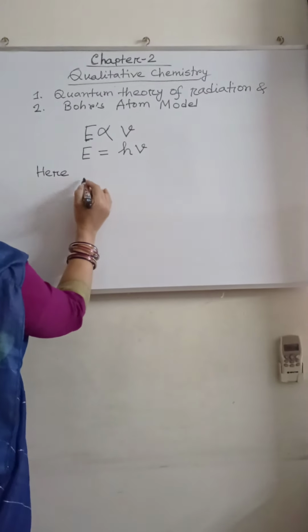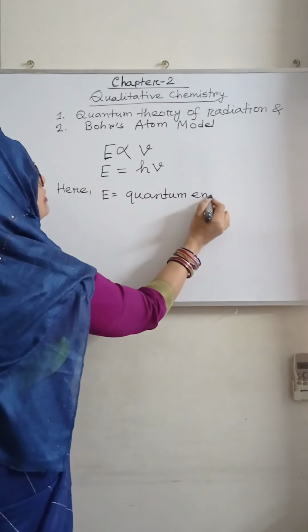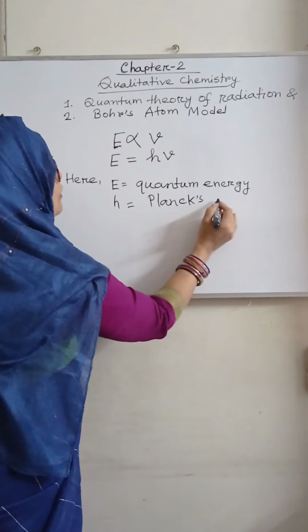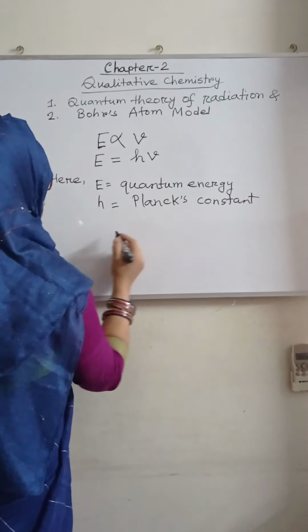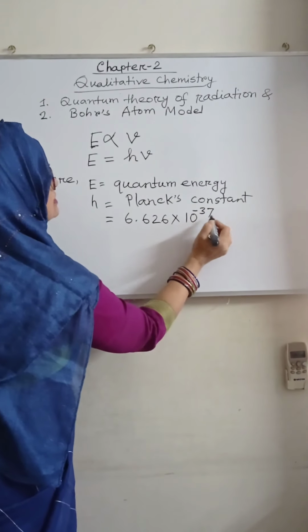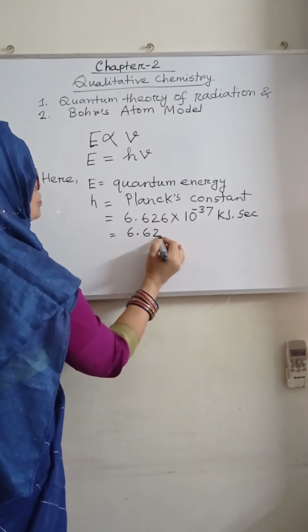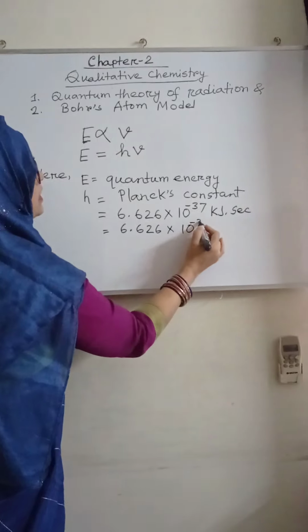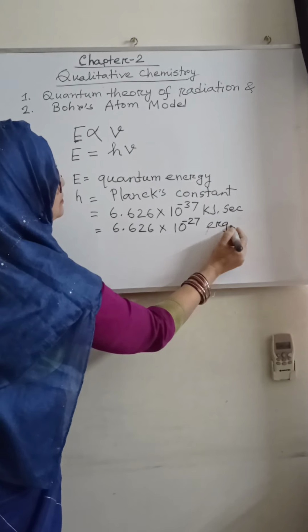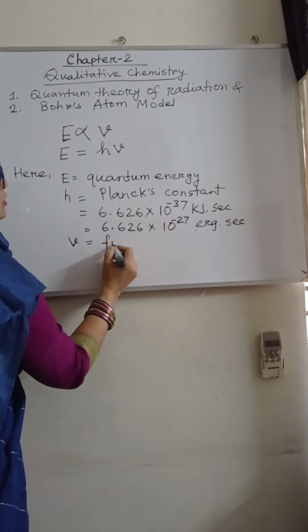Here E equals quantum energy, h is equal to Planck's constant, and its value is equal to 6.626 into 10 to the power minus 27 erg second, or 6.626 into 10 to the power minus 34 joule second. And nu is the frequency of radiation.